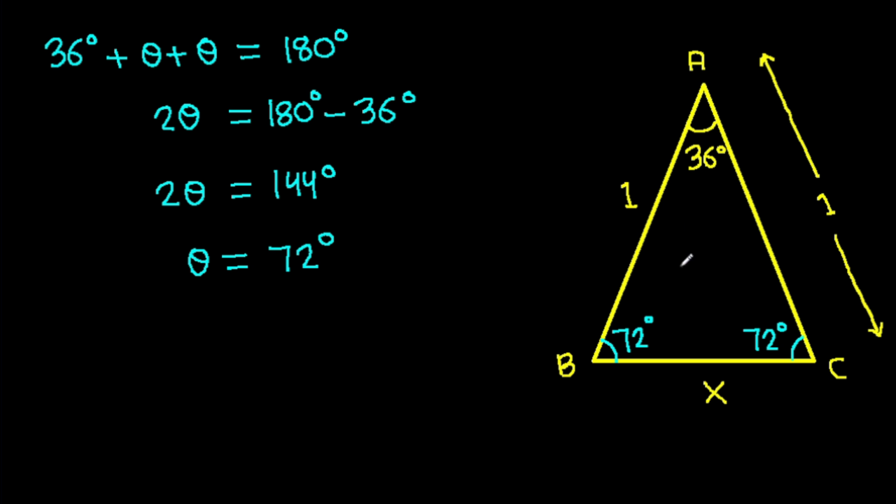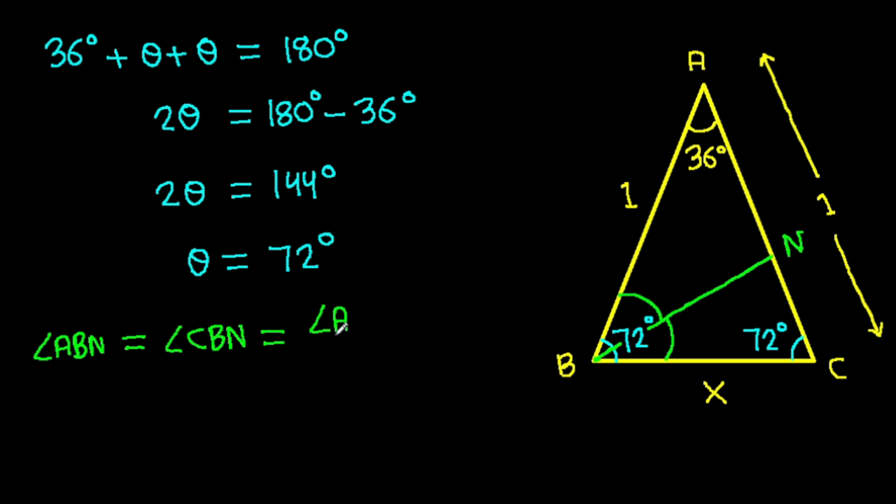And now from point B, if we make an angle bisector BN such that these two angles are equal, angle ABN, it is equal to angle CBN, that will be angle ABC over 2, and it is 72 degrees over 2, that will be 36 degrees.